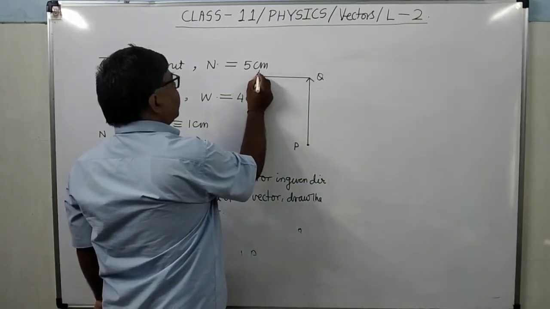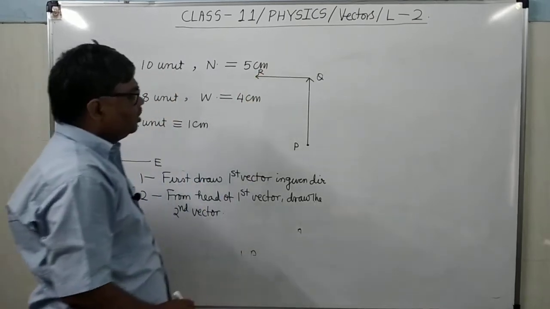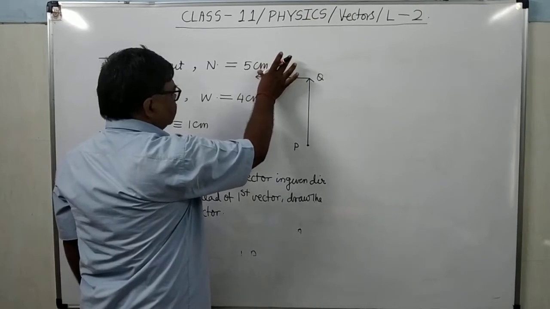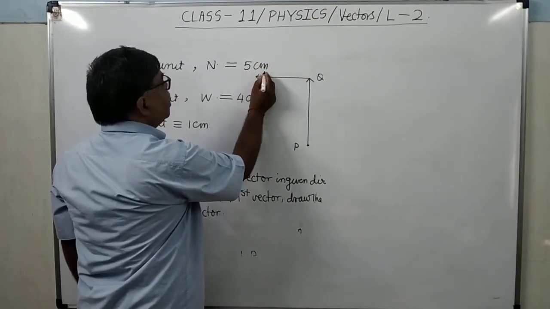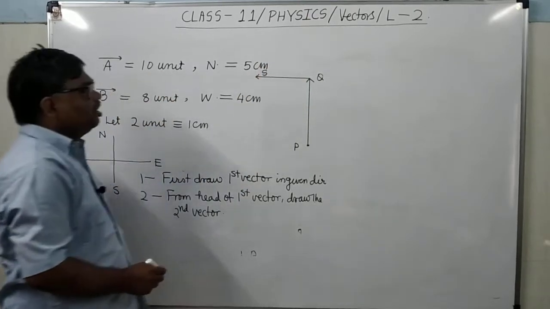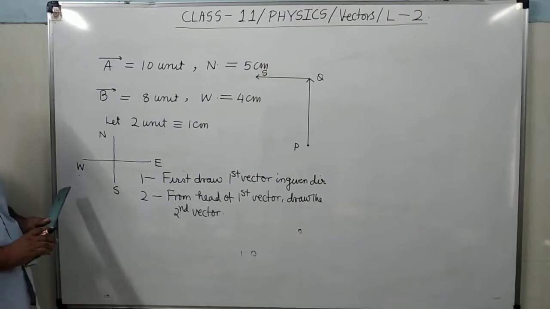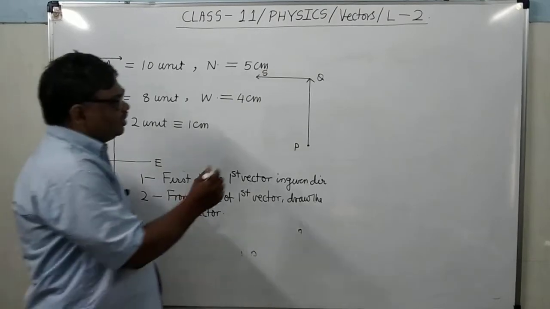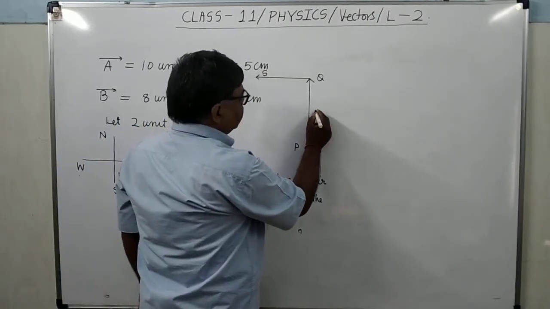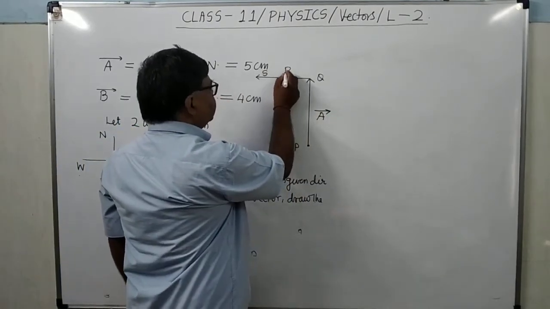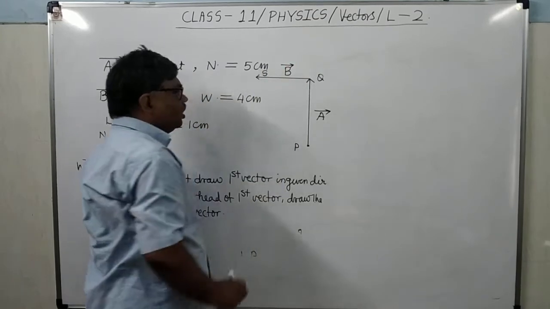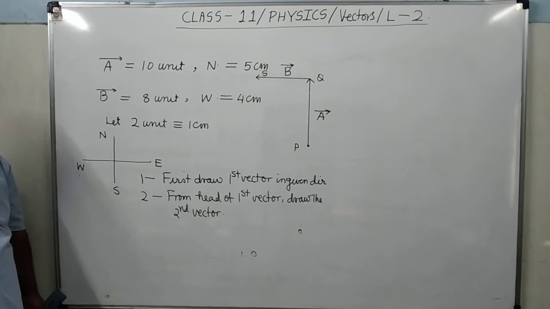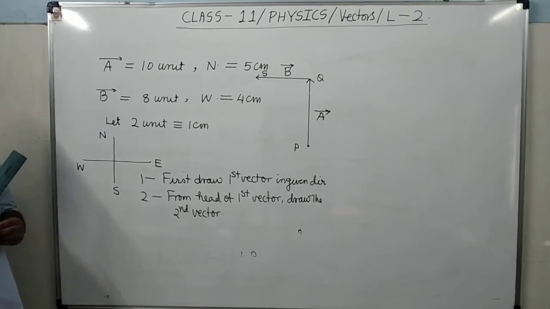This you can name as R, or you take this point as S. So here vector QS is representing vector B in magnitude as well as in direction. This is representing vector A, this is representing vector B. Its length is proportional to the magnitude of vector B and its direction is in the direction of vector B.